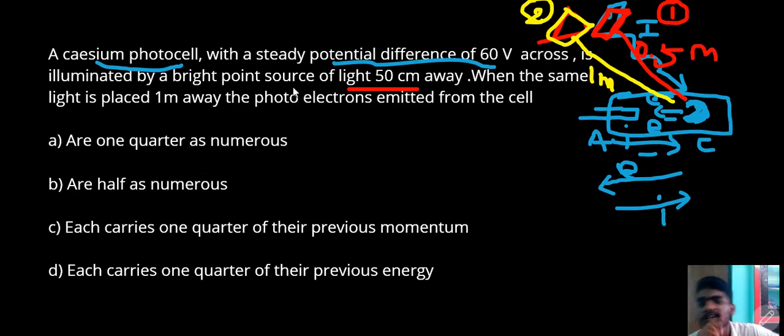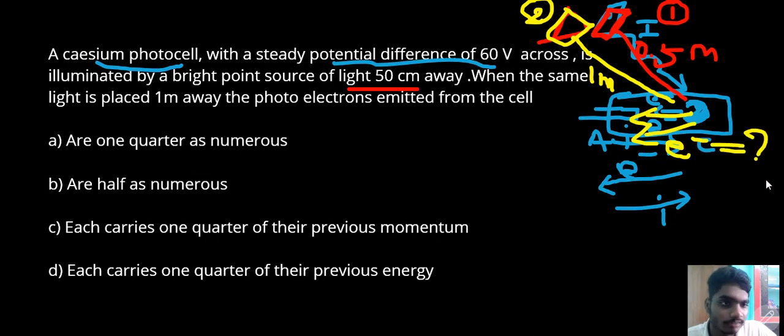So what are the options? Let us look at the options after understanding the question. When the same light is 1 meter away, the number of photoelectrons emitted from the cell is the question mark.